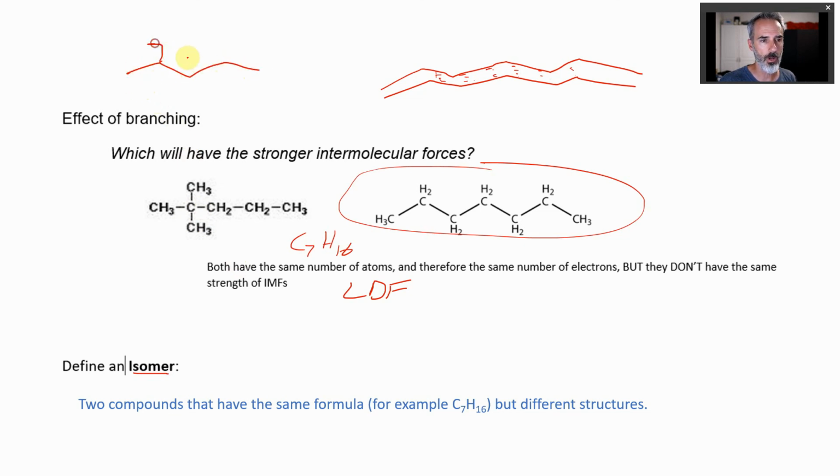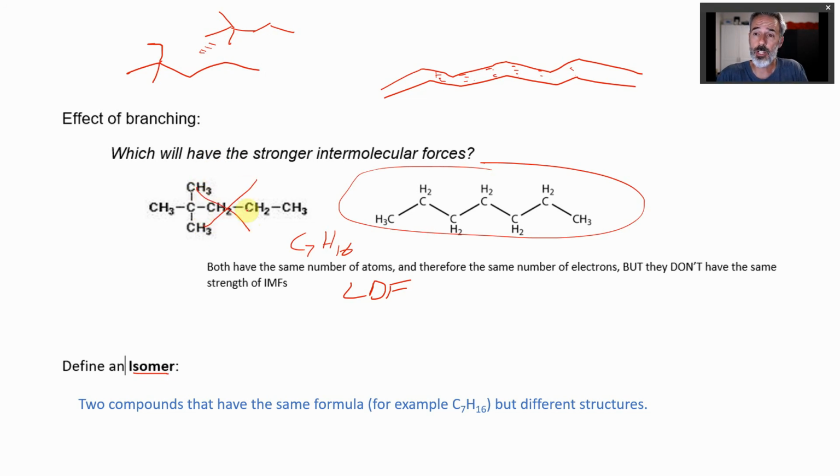But you can imagine if another sort of crooked one tried to come up to it, well, have you ever seen two Christmas trees hug? Neither have I, because it's an awkward experience. Christmas trees don't hug very well because they're all prickly and they just can't get together. Their surface areas don't overlap very well, which makes their London dispersion forces act over much longer distances. And so therefore they have very weak London dispersion forces with their neighbor.